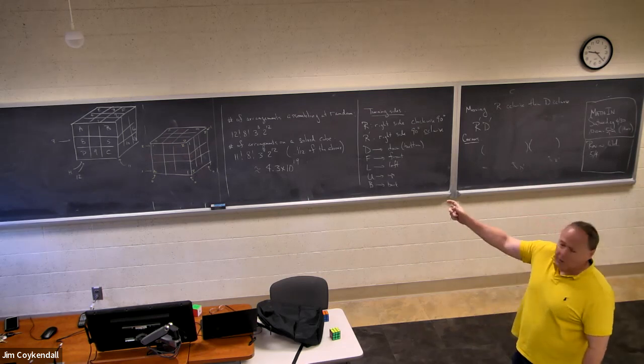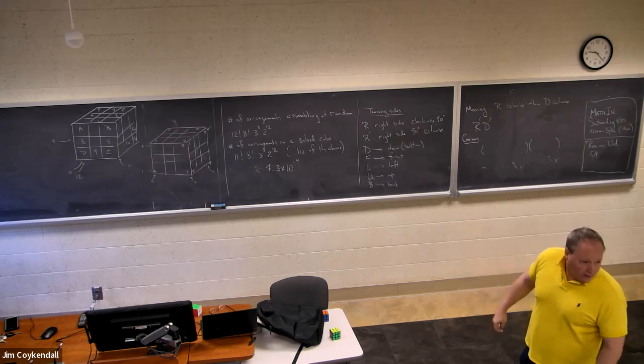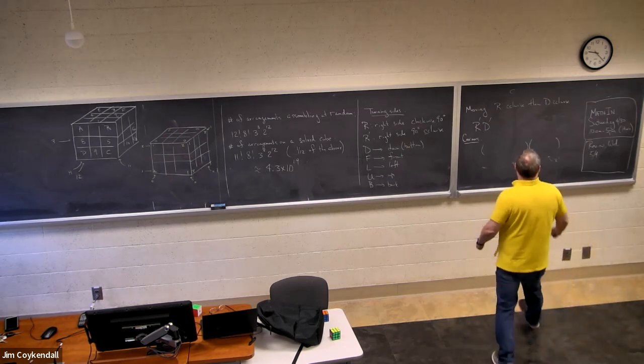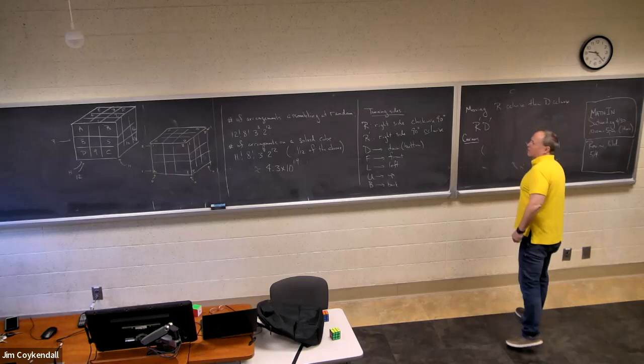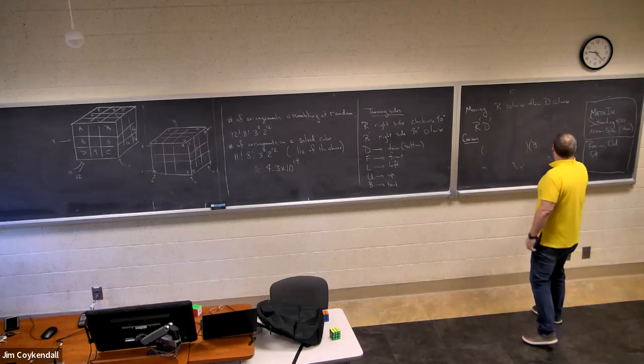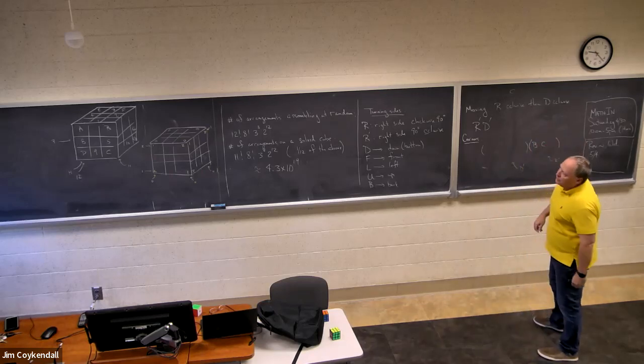So what I'm doing is rotating my right side counterclockwise. So B goes where? It goes to C, so okay, that's the way it goes. And C goes to what?